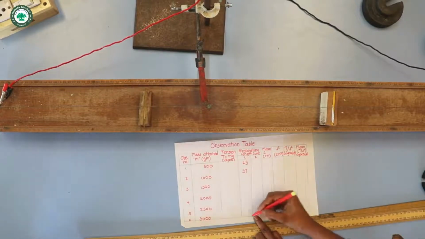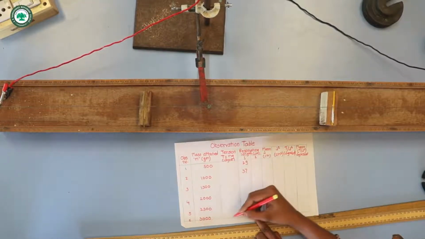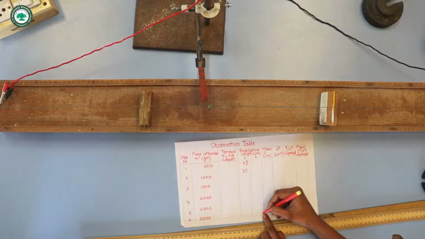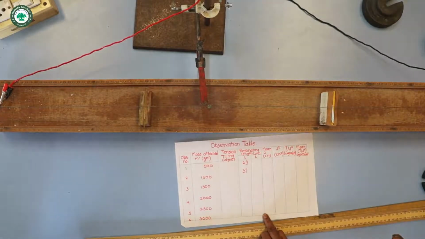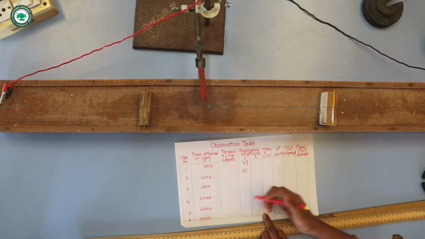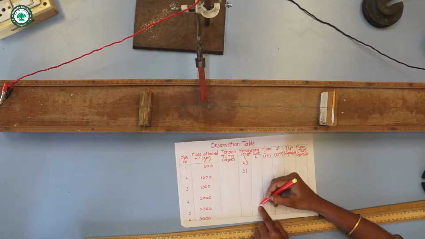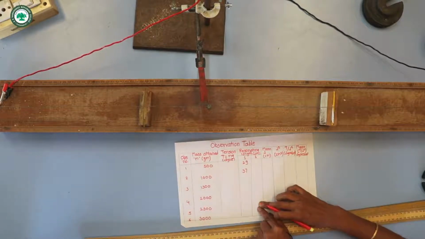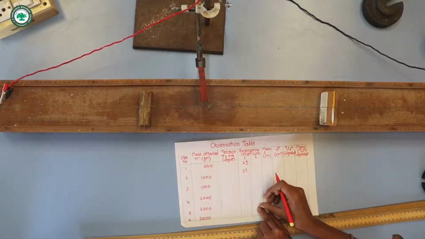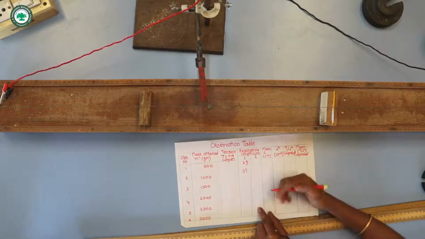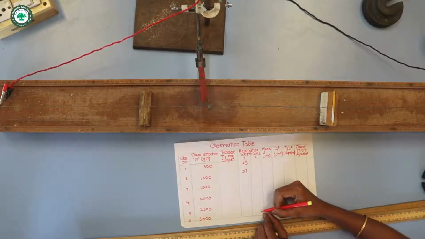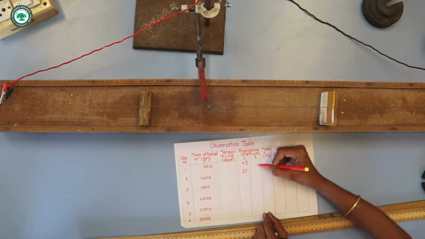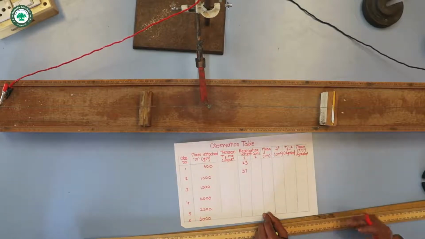That is, the last reading for 3000 gram will be the same as before. Then one has to reduce the weight attached by 500 gram and write the resonating length at this 2500 gram mass attached. In this way, one has to write the readings of resonating length for unloading.